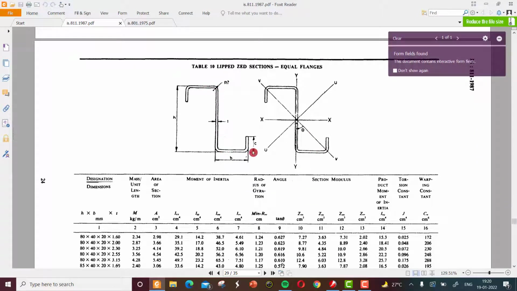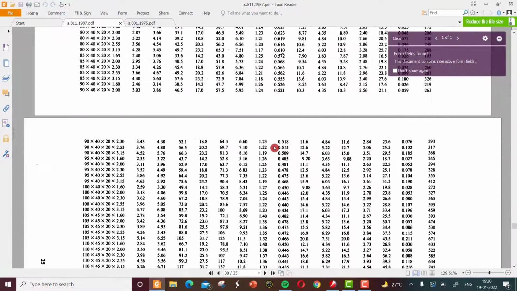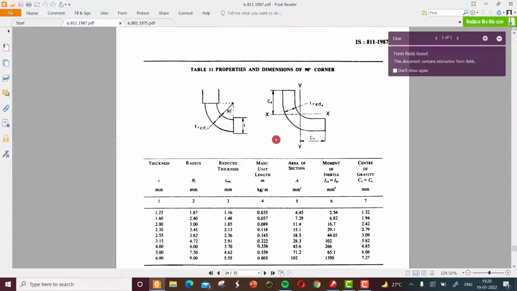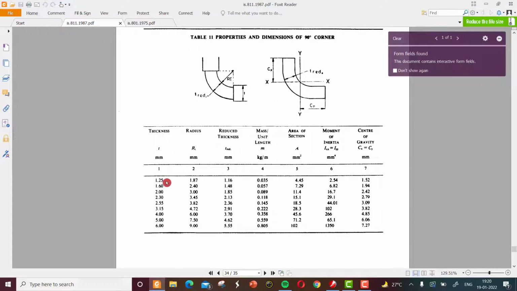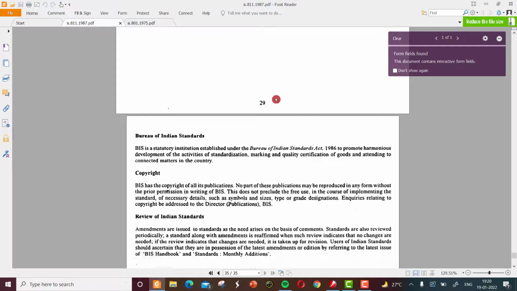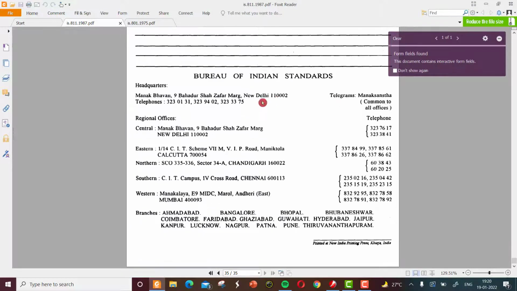The lipped Z sections, equal flanges, so this flange value will be the same. Next we have the properties, so based on the thickness we can find the radius and the radius thickness, all those values are given for a 90-degree corner as the last portion in the IS 811.